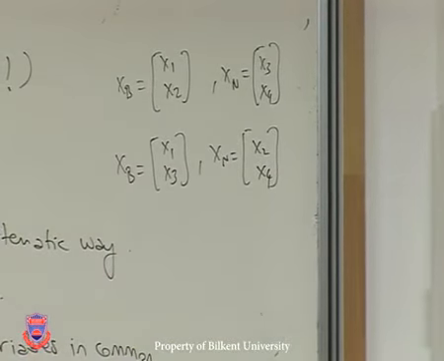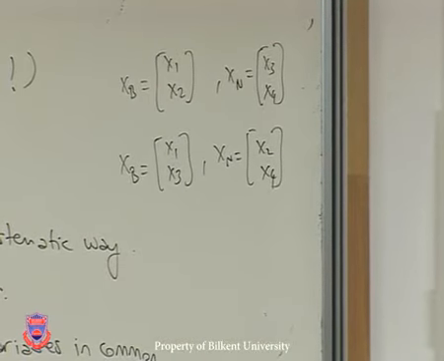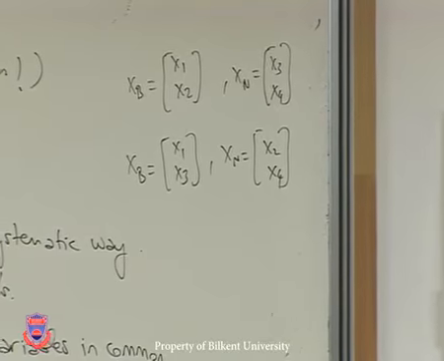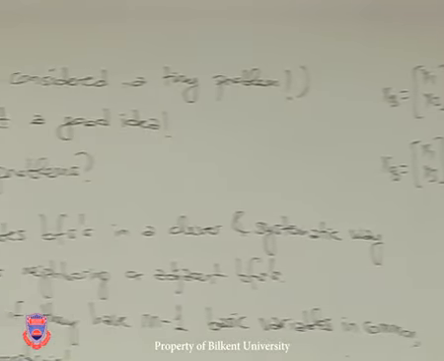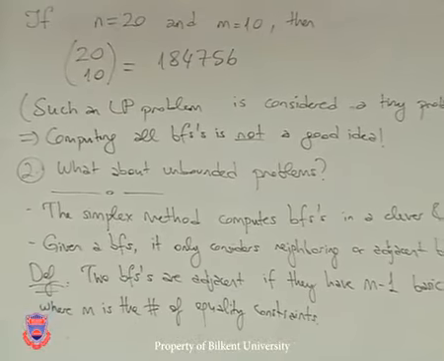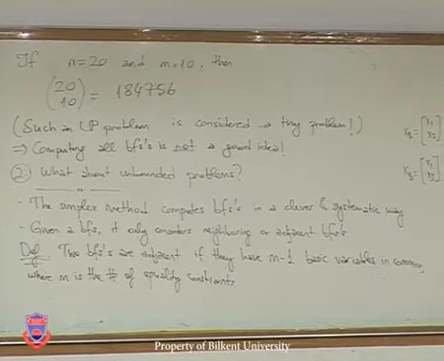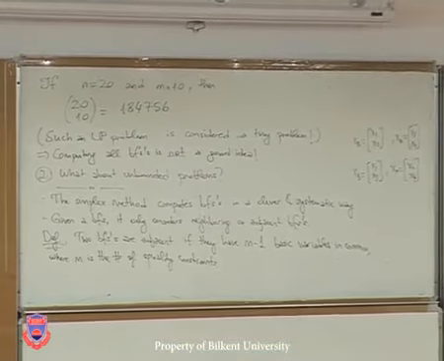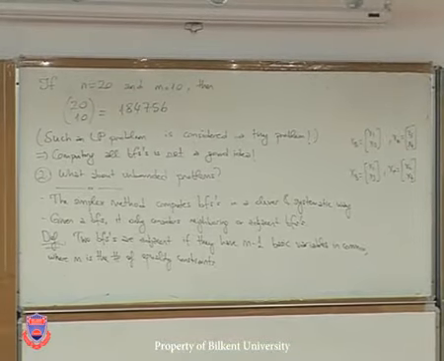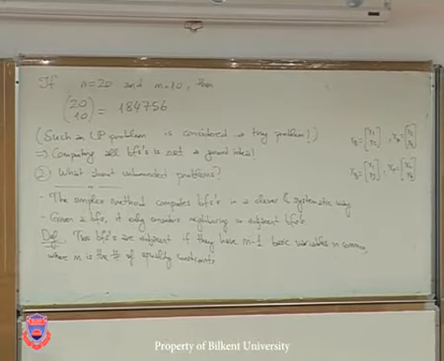Would these two be adjacent basic feasible solutions, assuming they're feasible? The answer is yes, because m is equal to 2 in this case. So m minus 1 is equal to 1, and I call two basic feasible solutions adjacent if they have one basic variable in common. In this case, x1 is the common basic variable, so these two would be adjacent basic feasible solutions.